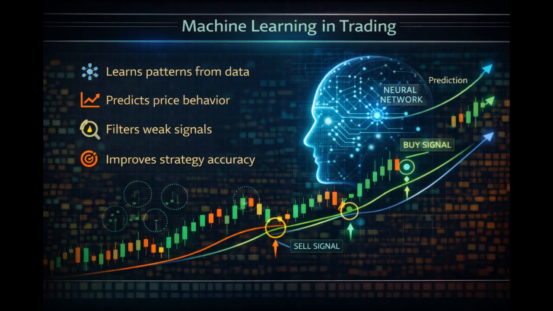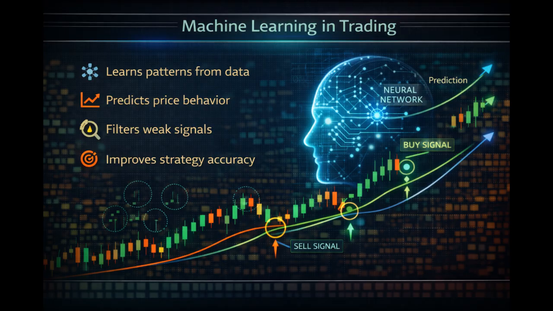These patterns can then be used to generate trading signals that help traders make more informed decisions. Machine learning is widely used in quantitative finance, hedge funds, and algorithmic trading systems because it allows traders to analyze complex datasets and adapt strategies to changing market conditions.